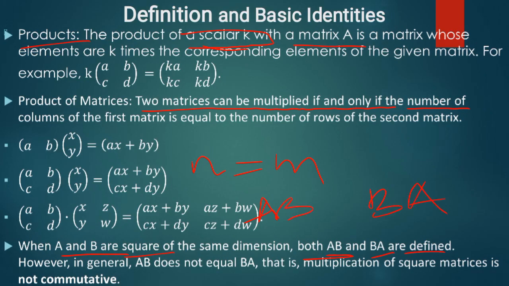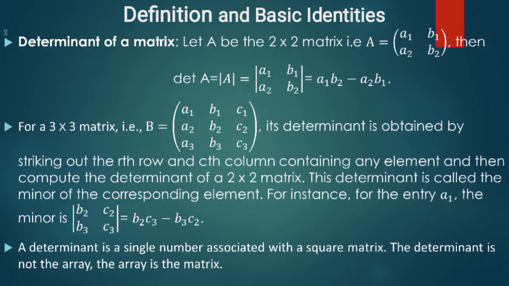But it's not always true that these will be equal, because multiplication of square matrices is not commutative. It exists, but not necessarily that they are commutative.